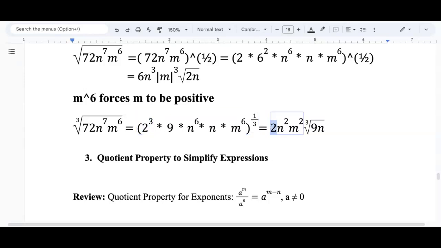Distribute to 2 cubed, we get 2. Distribute to n raised by 6, that's n squared. M raised by 6 times 1/3, that's m squared. But then we still have a cubic root of 9, this one, and this one, cubic root of 9. And any questions?